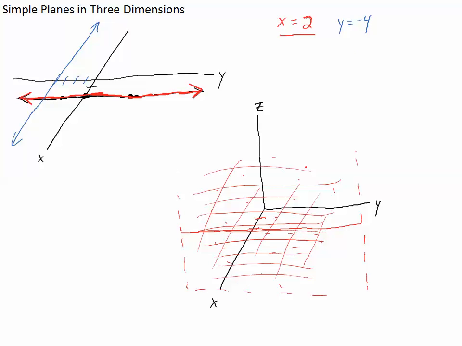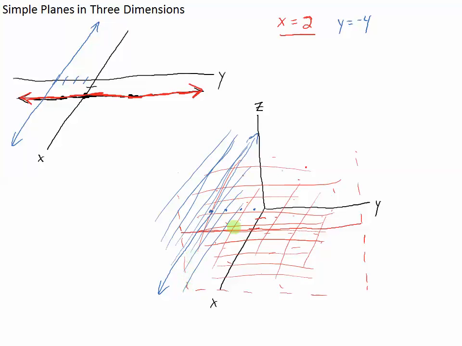So the same thing is true for Y equals negative 4. So negative 1, 2, 3, 4. And the 2-dimensional space looks like this. But now you've got to consider that 3rd dimension, the vertical dimension. So you've got all these lines now for all those values of Z as well. So you get a plane over here. So this is a pane of glass.